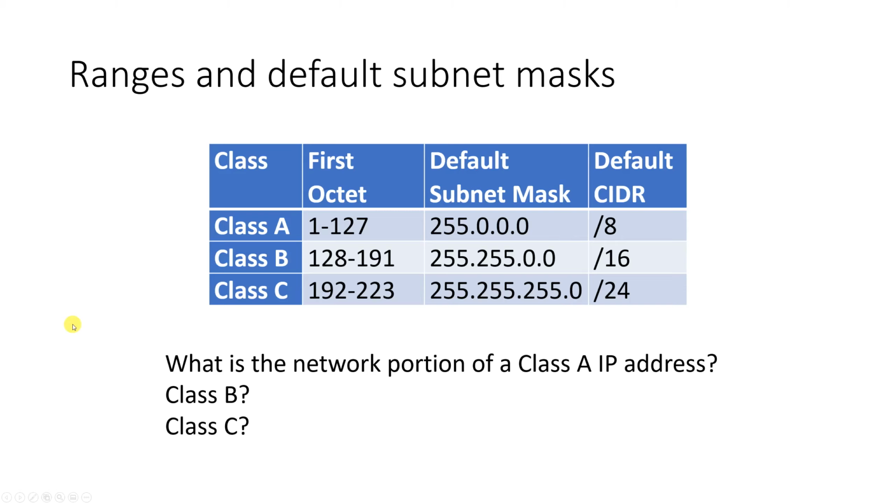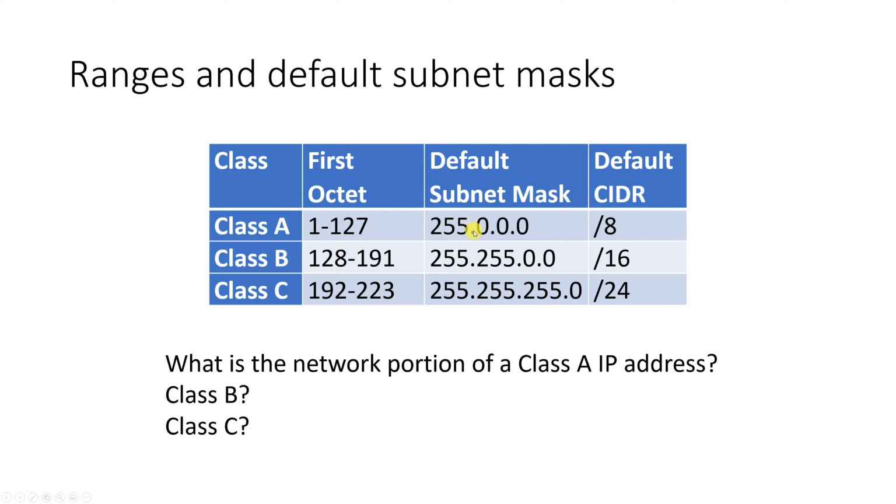So let's answer these questions. What is the network portion of a Class A IP address? How do you determine the network portion of an IP address? You look at the subnet mask and the number of ones.